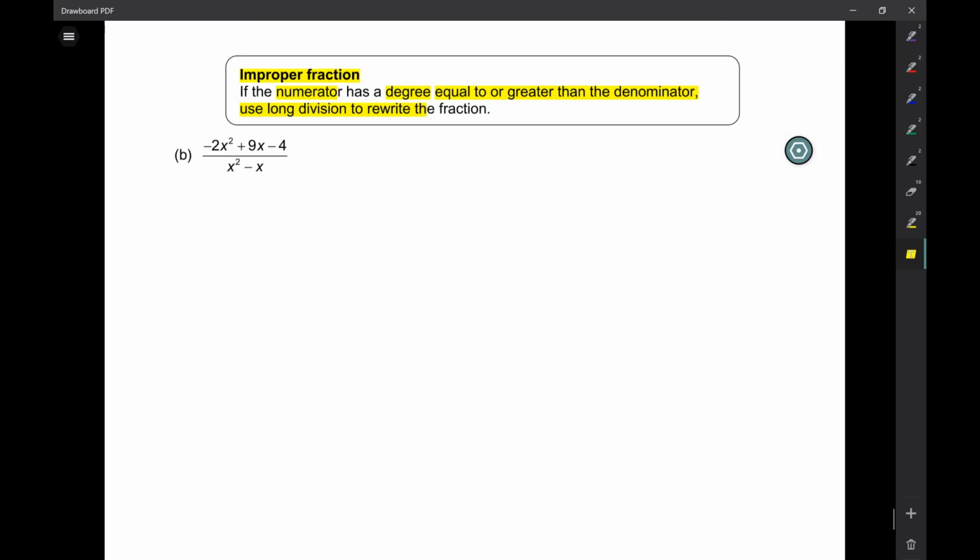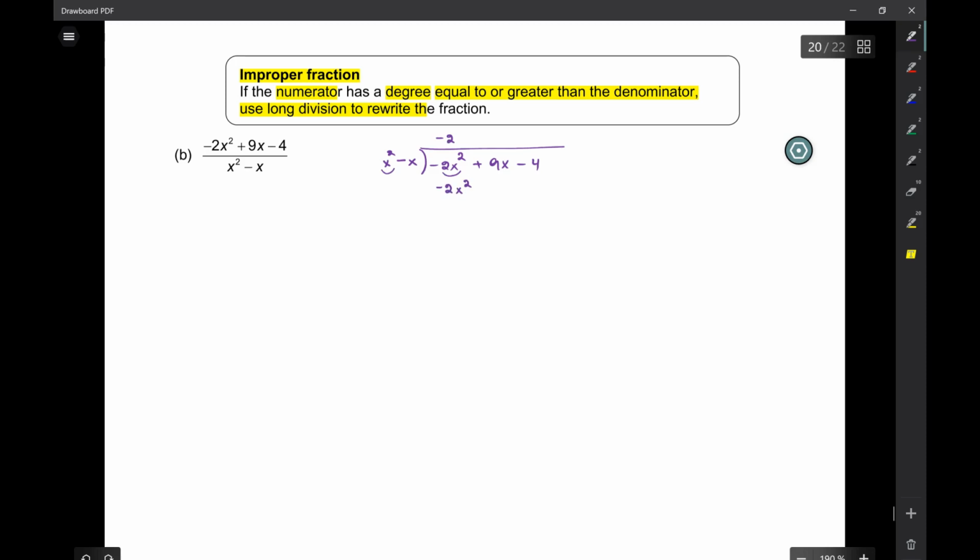So first we have to do long division. But you know what? These don't take too many steps. You're usually done by like 1 or 2 steps at the most. So this one, x squared minus x, is going to be divided into negative 2x squared plus 9x minus 4. Okay? All right, so this divided by that is negative 2.